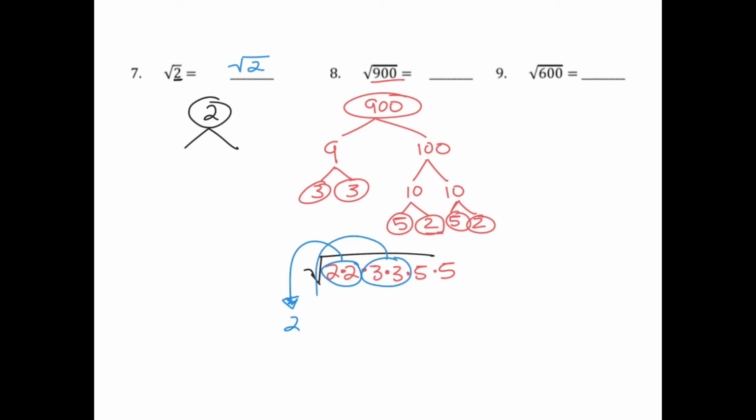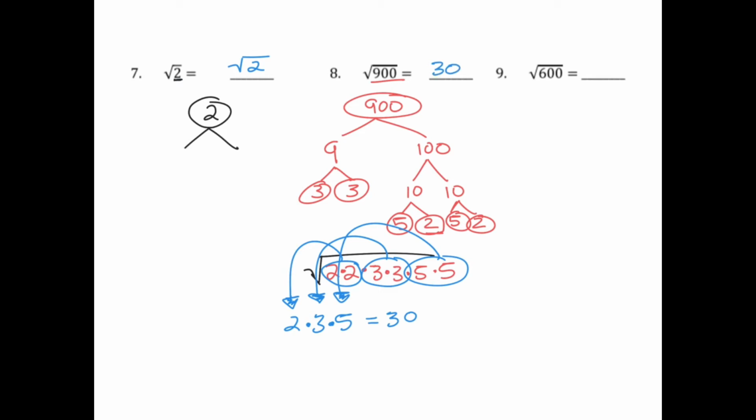Every pair of 3's comes out as one 3. And every pair of 5's comes out as one 5. When you have all these numbers outside, they multiply. Since I have nothing left inside my root, I don't have to write my root because it would be empty. So my answer is 2 times 3, 6, times 5, 30. The square root of 900 is 30.